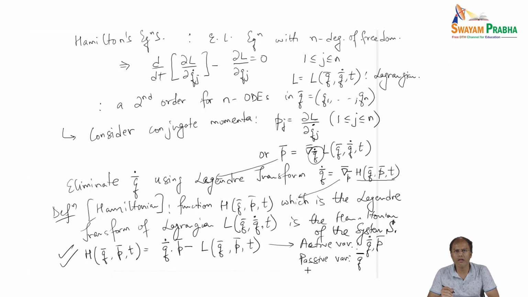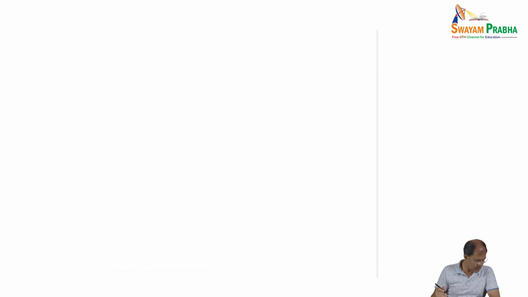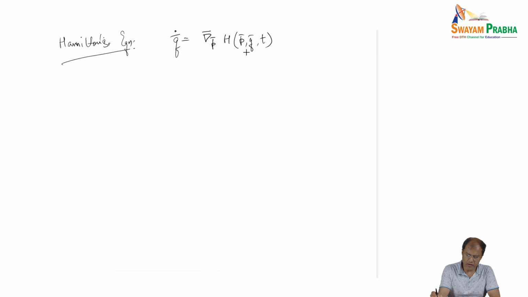So let us now use all the relations for the Legendre transform. My Hamilton's equations, coming straight from the Legendre transform, are: q dot is grad with respect to p of H(p, q, t), and p dot is minus grad with respect to q of H(p, q, t).